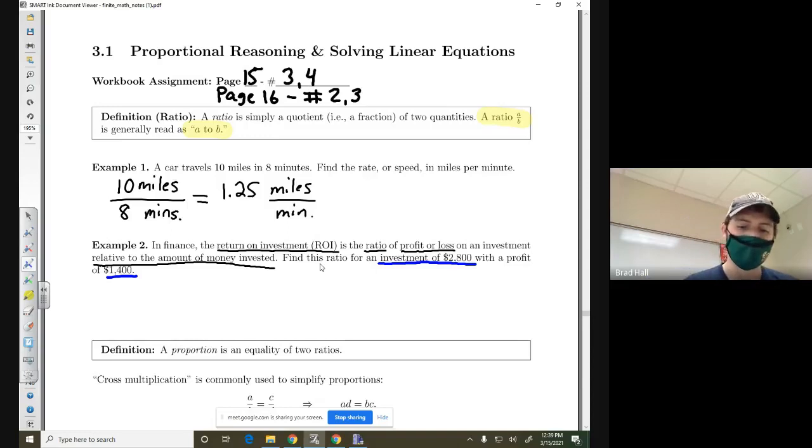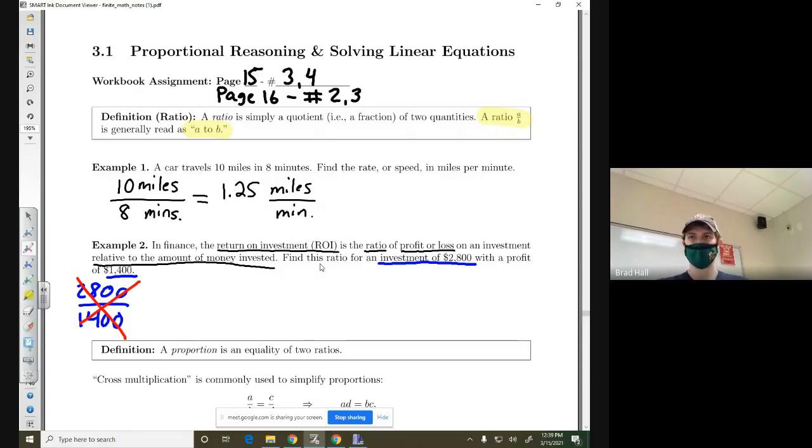So you said 2,800 over 1,400? And this is wrong. And why is this wrong? So this is where, for the ratio, the order in which they ask for what goes first and what goes second matters.